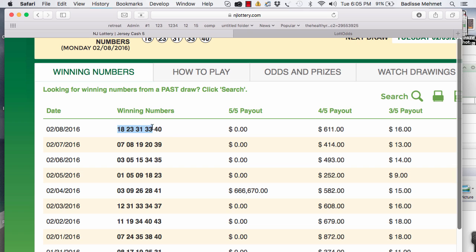So we talked about odd, even patterns. Now we're talking about group patterns. Because if you get the odd, even pattern correct, meaning you were correct in saying that this was going to come out even, odd, odd, odd, even, guess what? You could still lose because you did not get the group pattern correct, meaning you did not get the 10s, the 20s, the 30s, and the 40s correct, grouped.